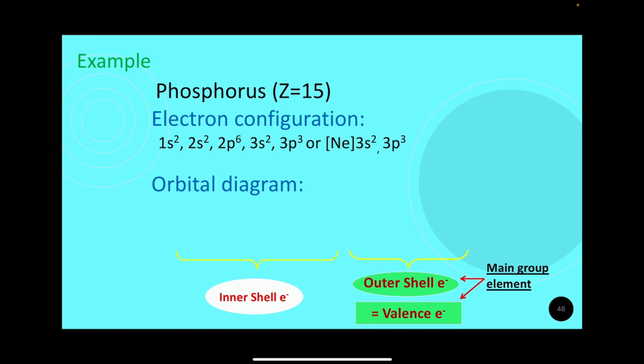Okay, we start with the 1s, 2s, 2p. And then kita masukkan dengan 3s and 3p. 1s, 2s, 2p, 3s, and 3p. Okay, then we fill up the electrons.